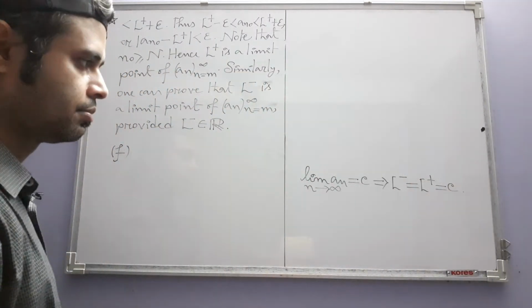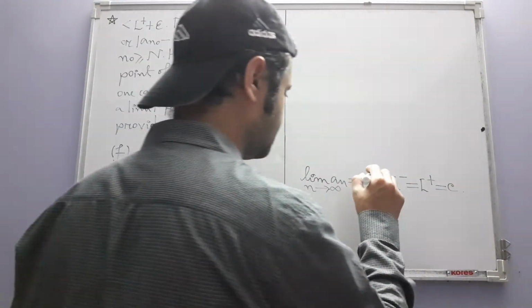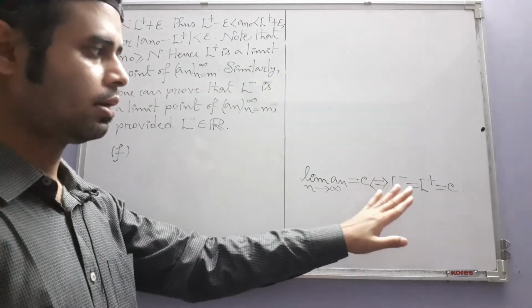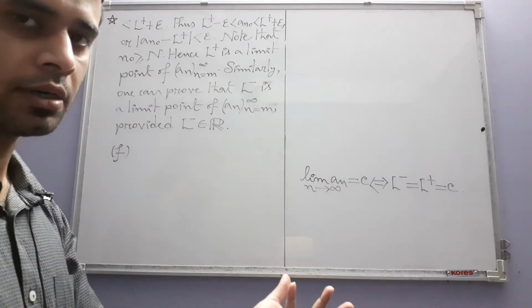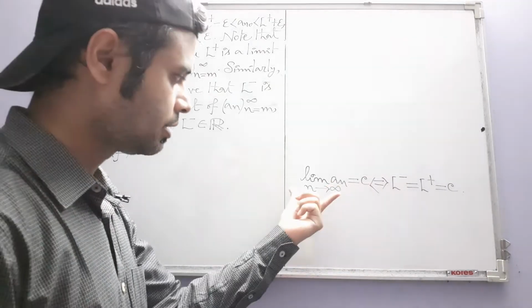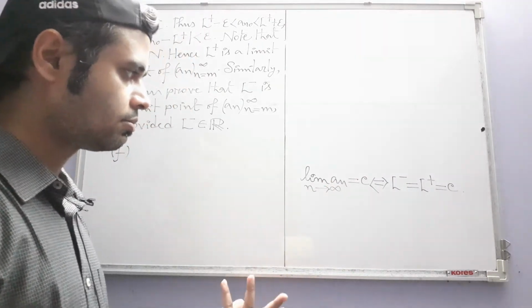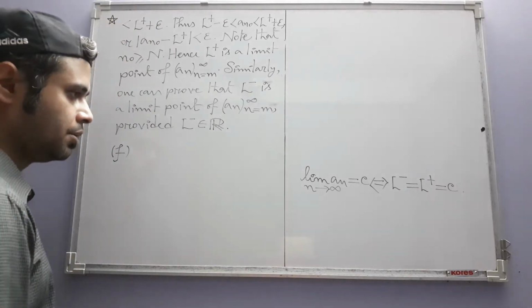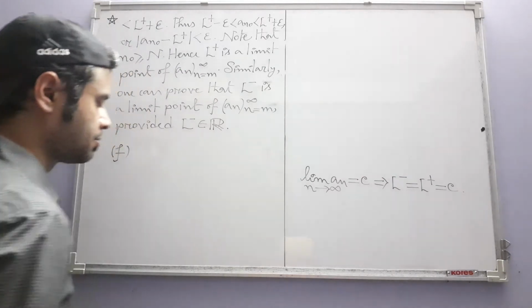And conversely, if these are equal and both of them are a real number, then the original sequence is convergent and it converges to that common real number. So we first prove this.